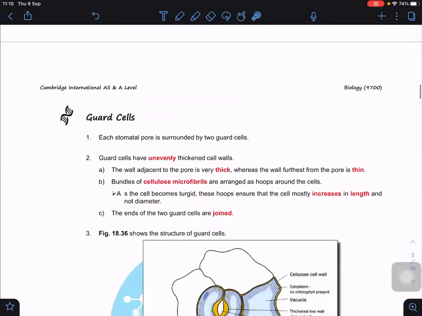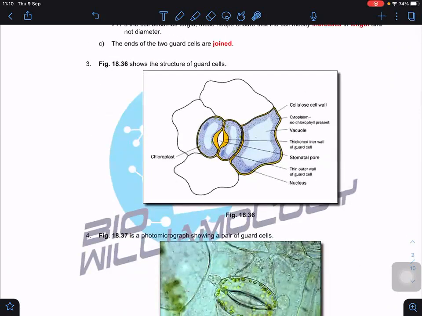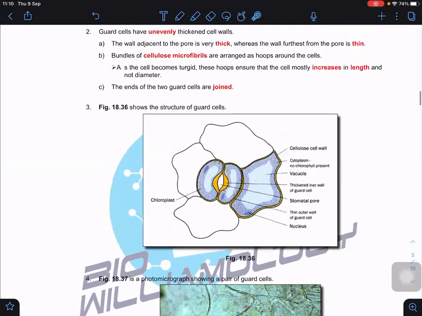Since the guard cell is so specialized, we look at how the guard cell looks. For every single pore, it is regulated by a pair of guard cells. If we zoom into these guard cells, we can see that they have uneven thickness of the cell wall. Can you see that?